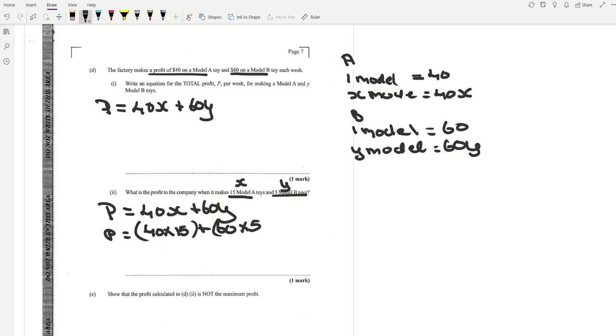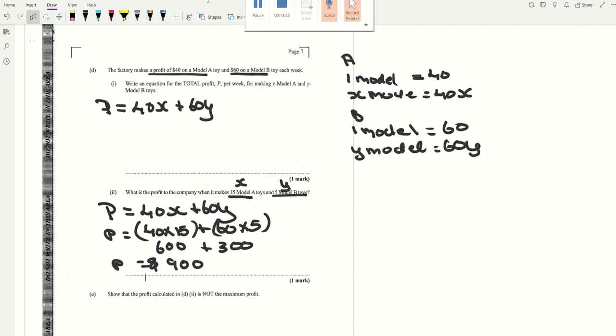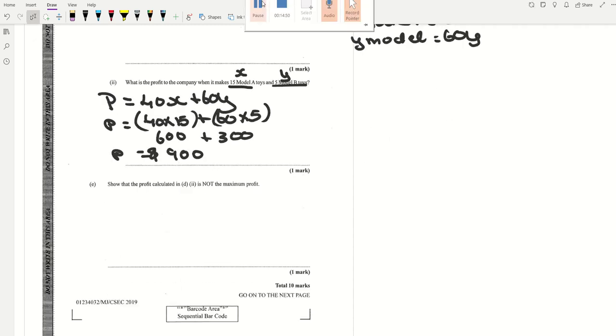Alright, which is 600 plus 300. So my profit would be $900, and that is how you would find your total profit for 15 models of A and 5 models of B. So part C says, show that the profit calculated in D, part 2, is not the maximum profit.